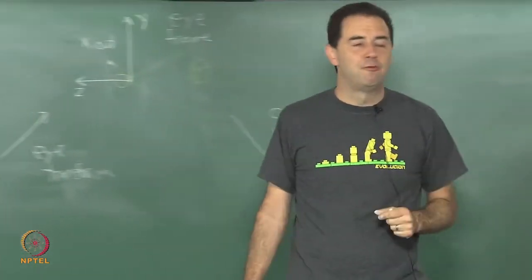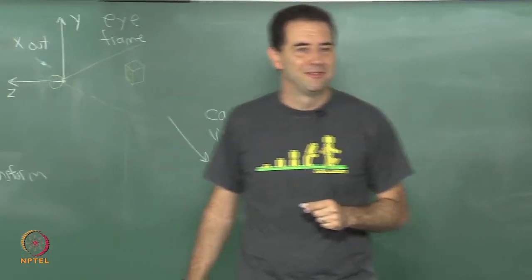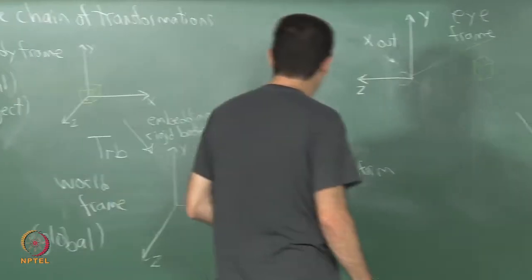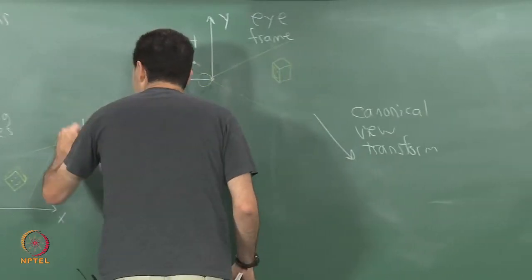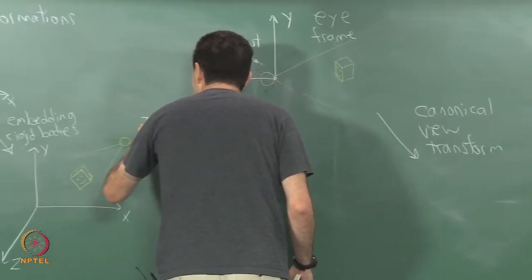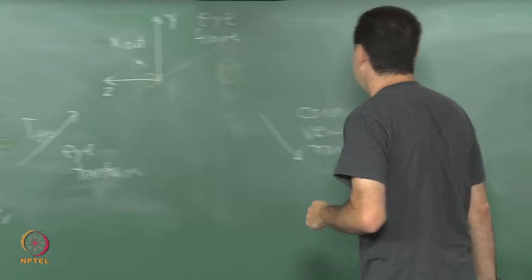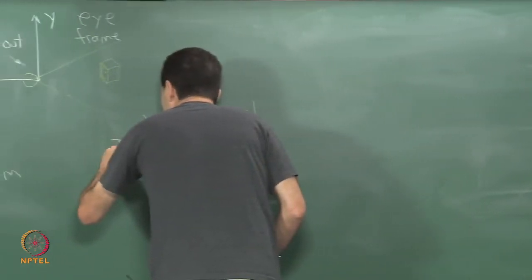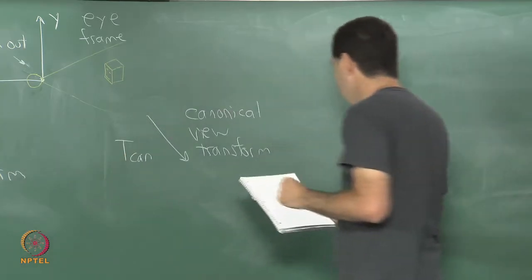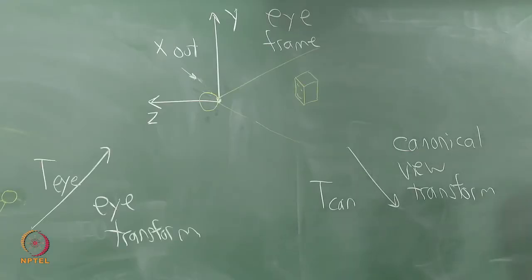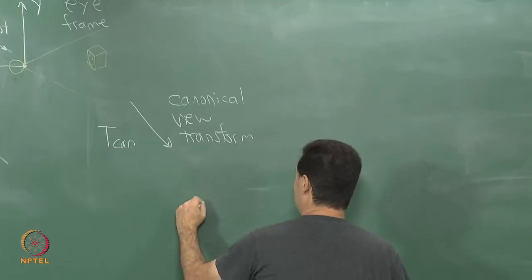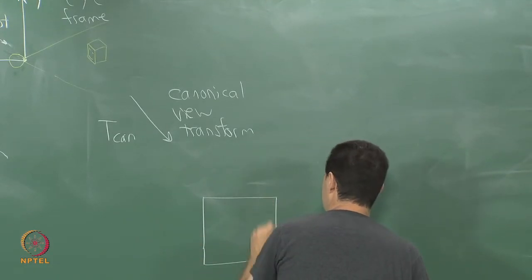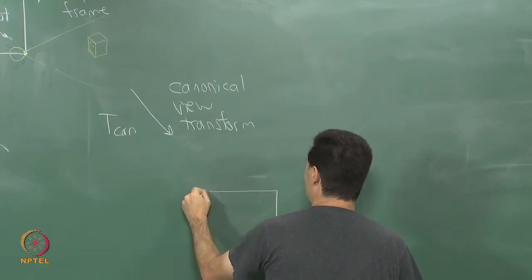And by T I mean a 4x4 transformation matrix, just like we've been doing. So homogeneous transformation matrix. So TRB, the I one, I'll just call it TI, so you remember where it comes from. And I will call this one TCAN for canonical. What we end up with after performing the canonical view transform is a kind of perfect cube centered at the origin.